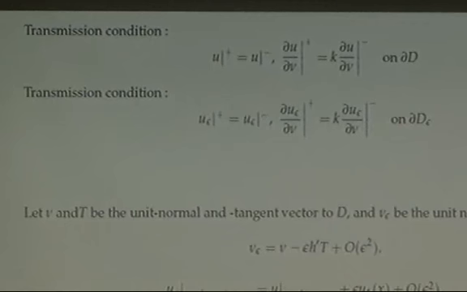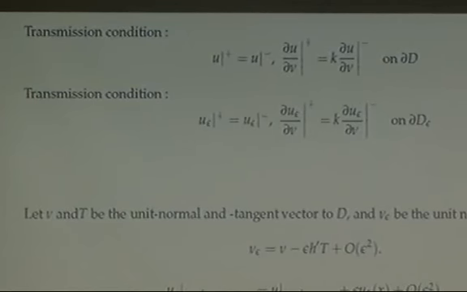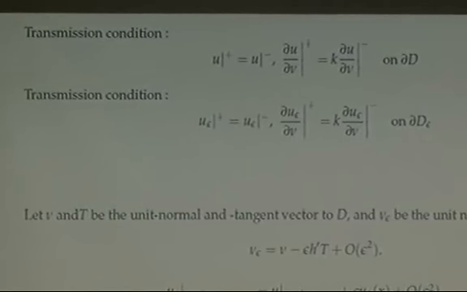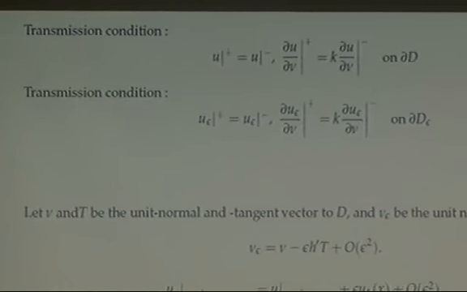So one easy way to get the relation between U and U epsilon is linearization. So set U epsilon as U plus epsilon times U1 and just have a Taylor series expansion and compare the transmission conditions on the boundary of D epsilon. Then you expand from exterior and interior and match these two transmission conditions.